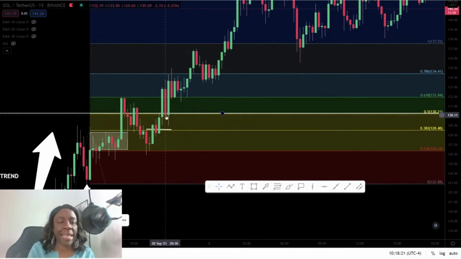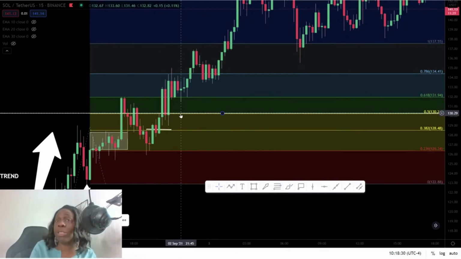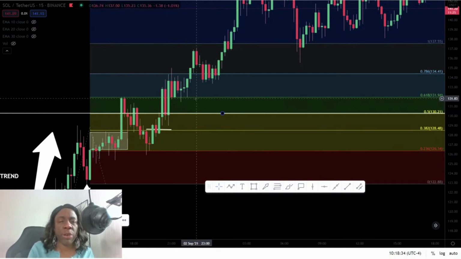It's hanging out there, but it only hangs out at this white line for 45 minutes, and then what happens? It moves up. So I am trying to show you the authenticity of these lines.